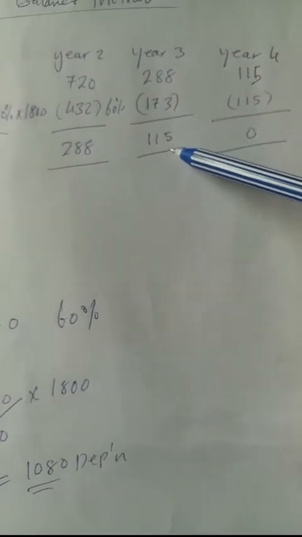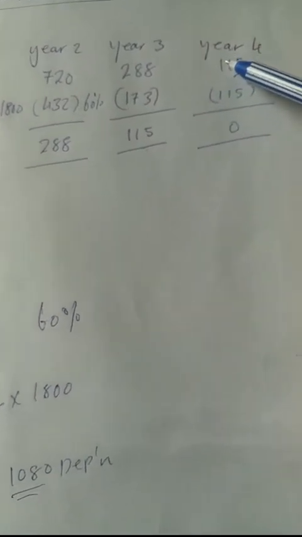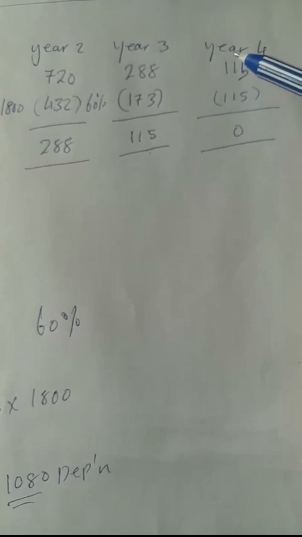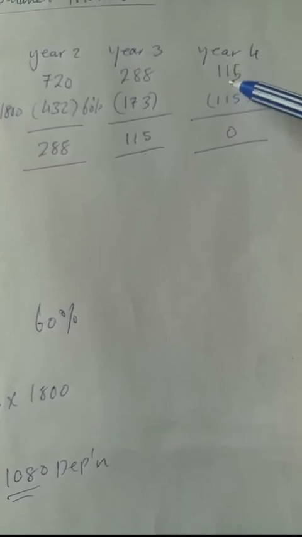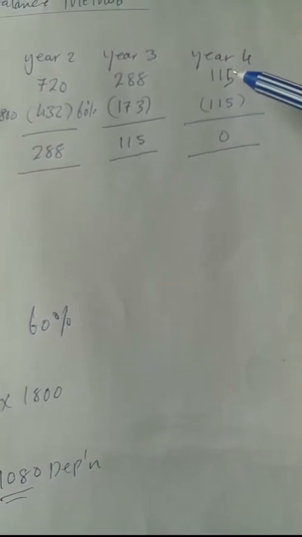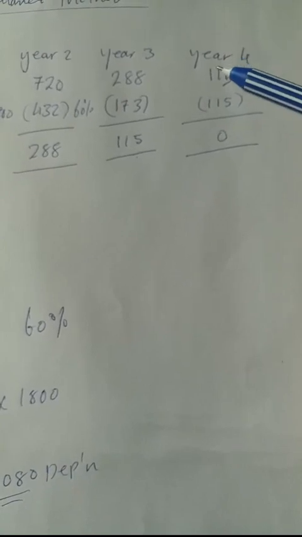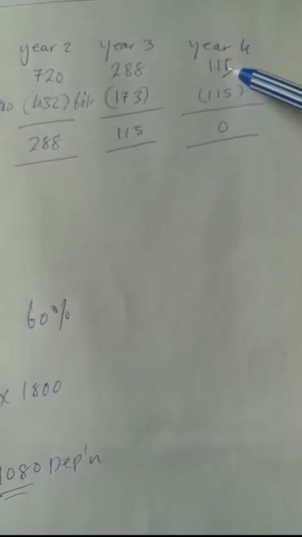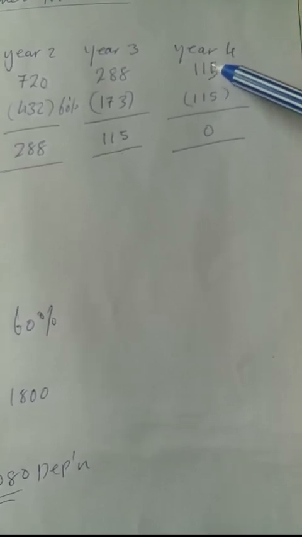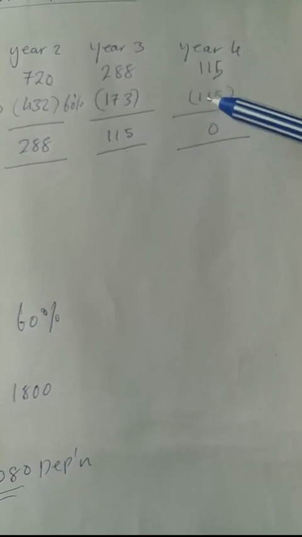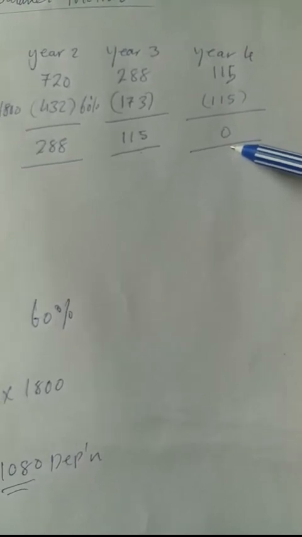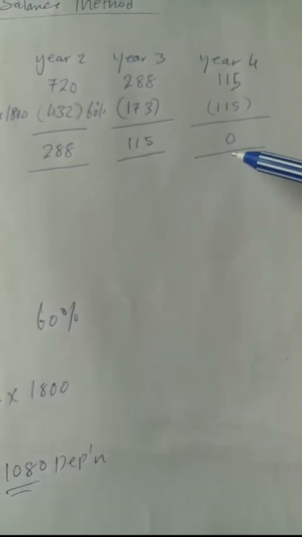So in the fourth year, this was our carrying amount, and then since we are saying in the fourth year this non-current asset had no residue value, instead of us calculating the 60% of this, the question tells us there is no residue value, because if you calculate 60% of this, you find that the amount is different here, but we are subtracting the same amount that we have here, so that our carrying amount becomes 0, because the question tells us this non-current asset had no residue value.